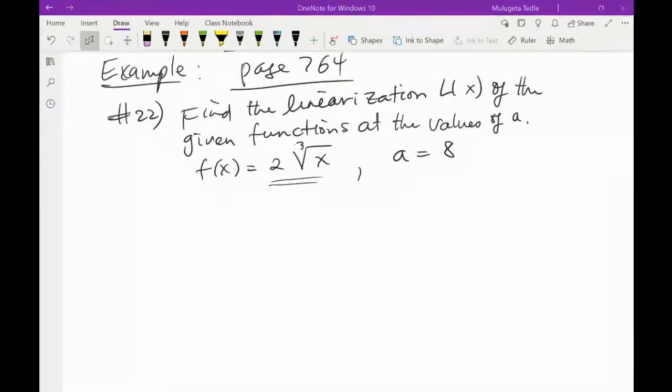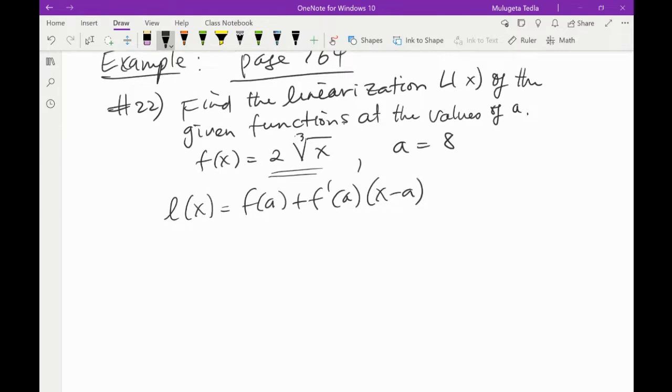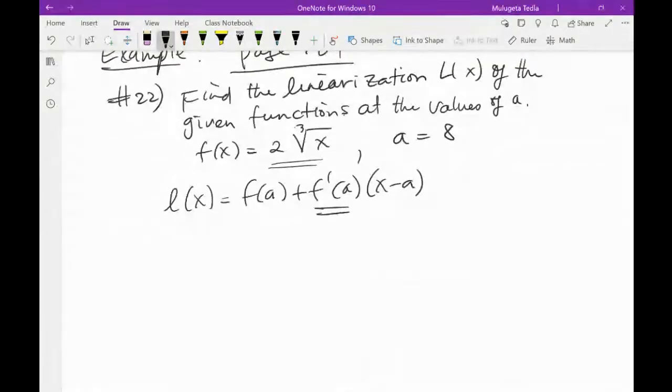What do we need for L of x? L of x is simply f at a plus f prime of a times x minus a. No big deal. All we need is f prime of a. Let's change f of x to x to the 1/3, right?